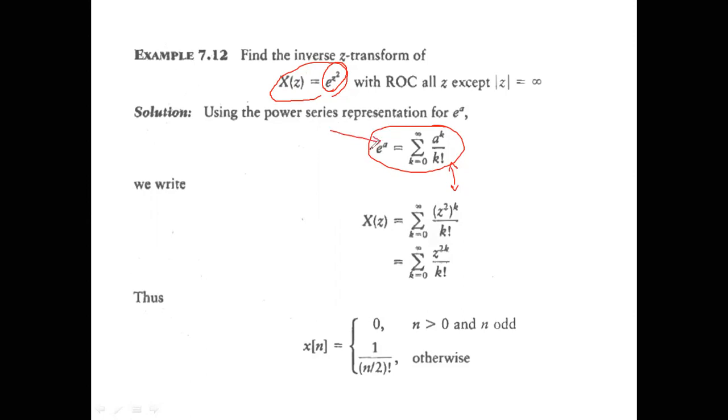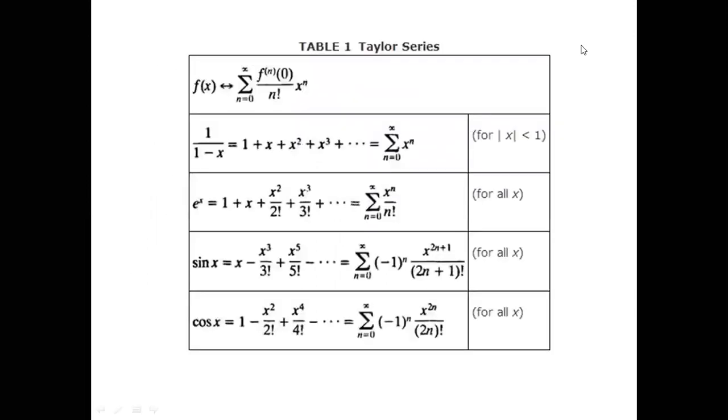Whether you learn it by heart or from your mathematical knowledge, I had shown you some of the series earlier on the last page of your notebook. You should have this series. You can see e to the power x is 1 plus x plus x square by 2 factorial plus x to the power 3 by 3 factorial and so on.